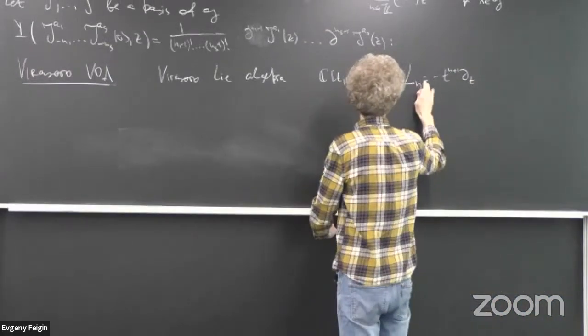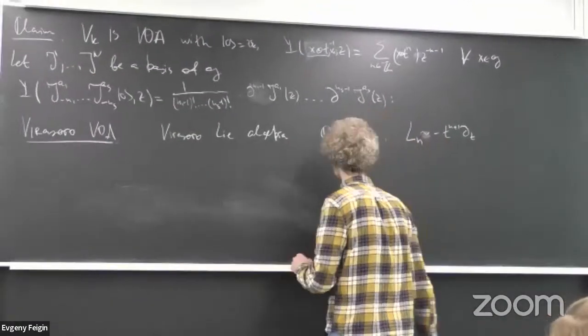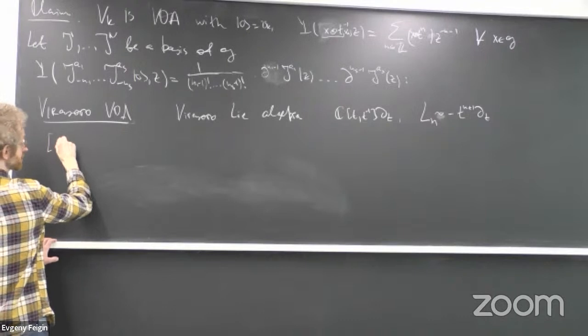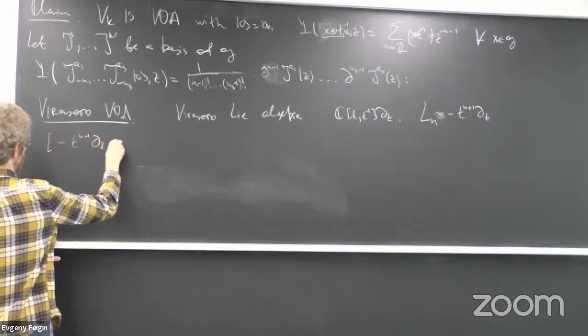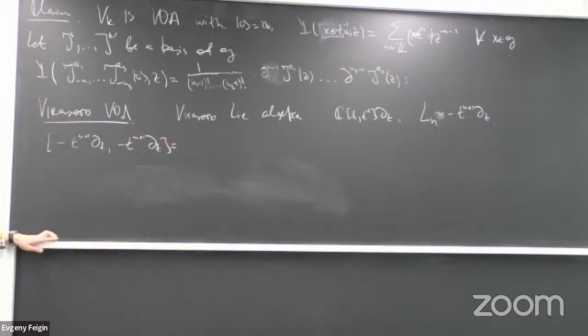So first of all, let's compute what the commutator of minus t to the n plus 1 d/dt and minus t to the m plus 1 d/dt is. Please raise your hand if you know the answer. Okay, then let's spend half a minute to compute.